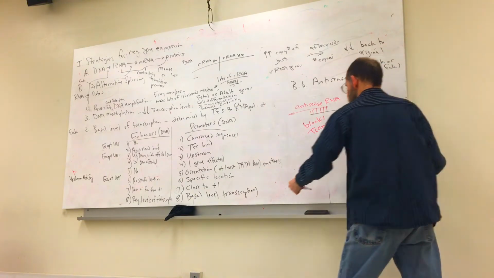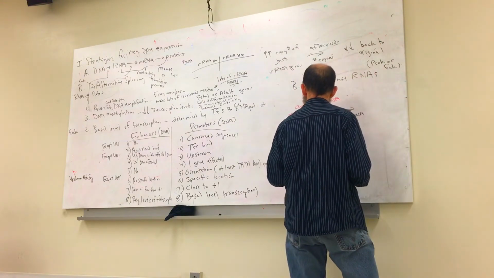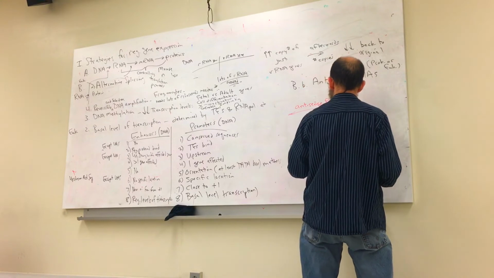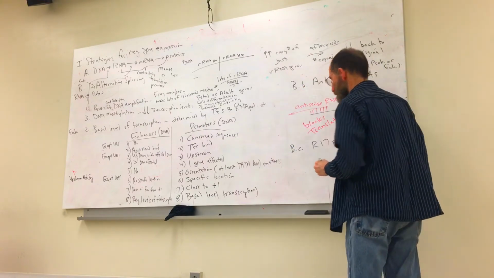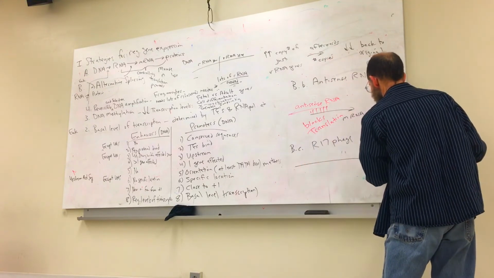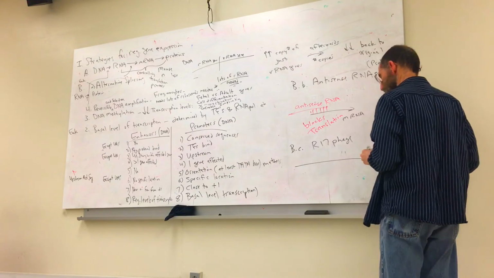And then the last example that we talked about in this area was the example of R17 phage. If you recall, R17 phage has a single-stranded RNA as its genetic material.